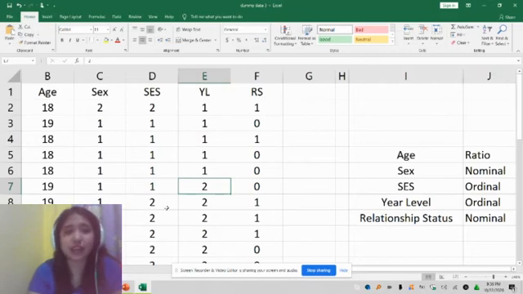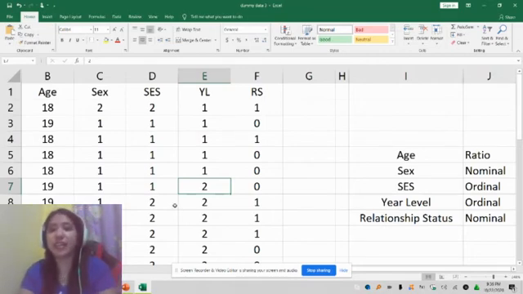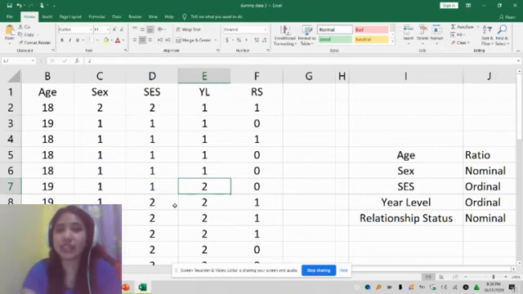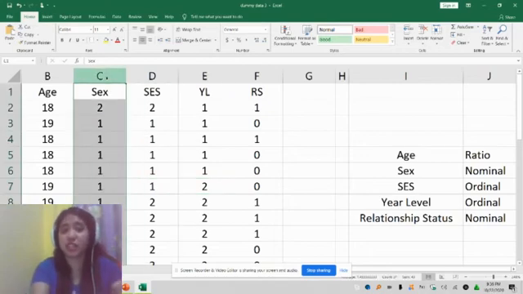We have here numbers simply because, in analyzing the data later, it really requires us to use numerical codes. These just represent codes, but it does not mean that one is higher than the other if our variable is nominal. So that is for sex. We can actually interchange the values; the codes we used last time are 1 for male, 2 for female.